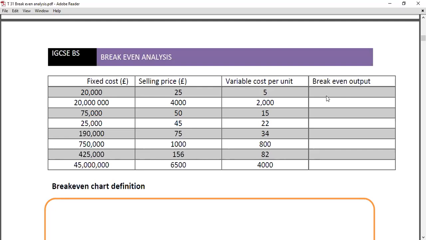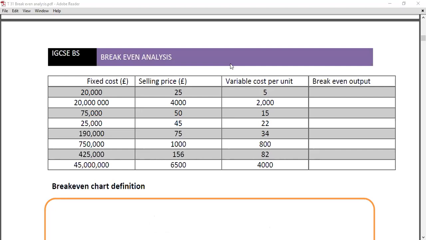Okay, second question I'm asking from Amma. What's the answer here? Fixed cost 20 million, selling price 4,000, variable cost 2,000. Others can send your answer through the chat line. Yes, I can see answers. Ranusha's answer is 10,000.